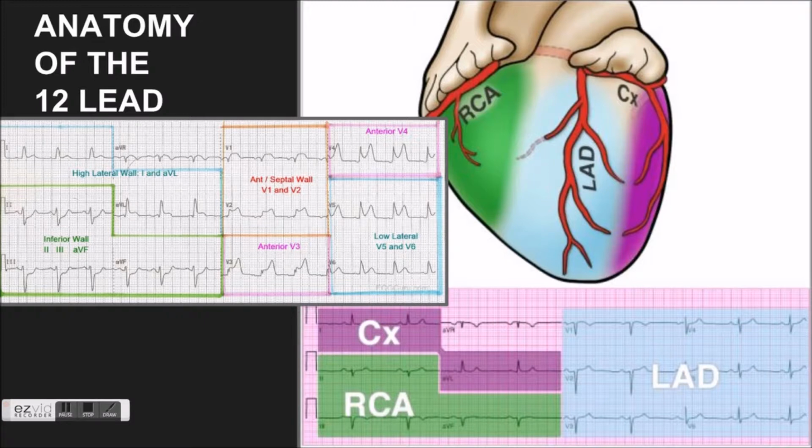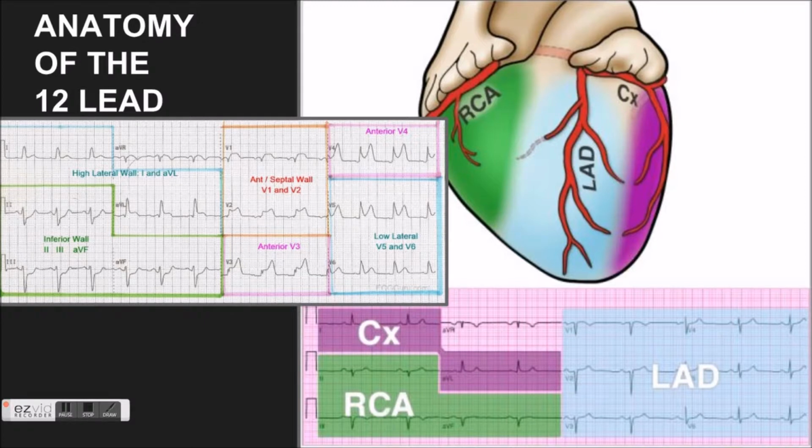The right coronary artery is in green, and then the entirety of the precordial leads is usually considered to be the left anterior descending. With the exception, some people will state that V5 and V6 are circumflex artery representation as well. Given the way the electrodes move around, I can completely agree with that.